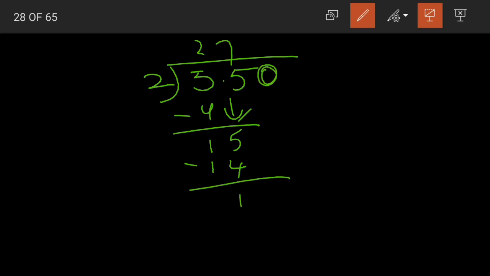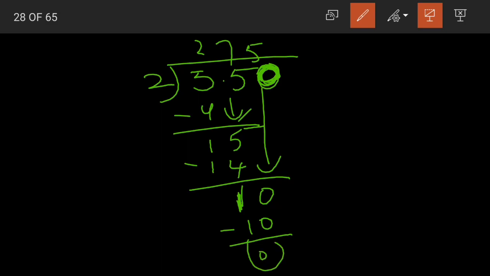Do you remember, children? We can put as many zeros as we want after the decimal point. So to get a proper remainder here, 0 as the remainder, I have placed 0 here. Again, if you bring 0 down, we have 2 5s are 10. When we subtract, 0 is our remainder. In the dividend, we are having a decimal point after 2 digits from the right.